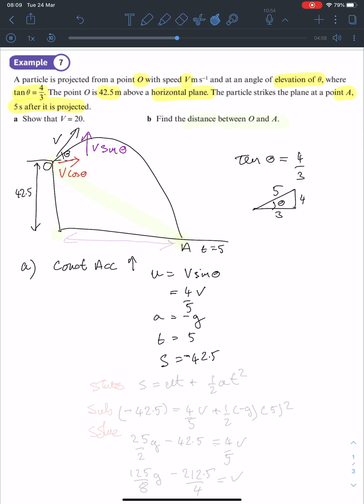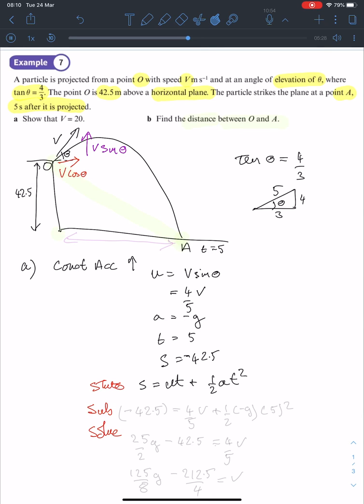Okay, we can now go into our usual routine of state, sub, solve. So equation with s, u, a and t in it. Any ideas, Jack? Yep, sure you got it right. s equals ut plus a half at squared.